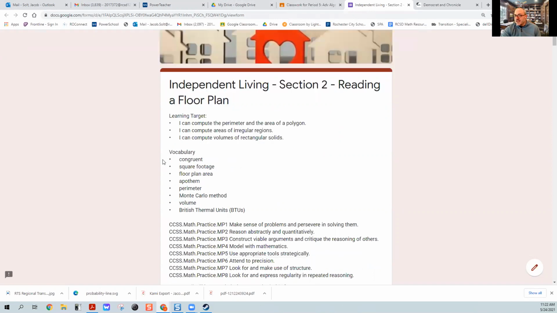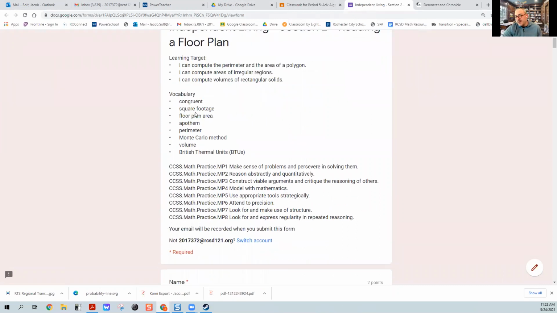We got some vocabulary, and I'll talk about it more in the text. We have congruent, which means the same. Square footage, which is how the size of apartments and houses is measured in terms of internal space. The floor plan area. Apothem, which I'll show you, is a line from the center of a regular polygon to one of its sides.